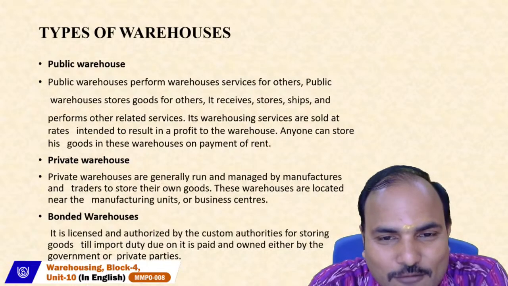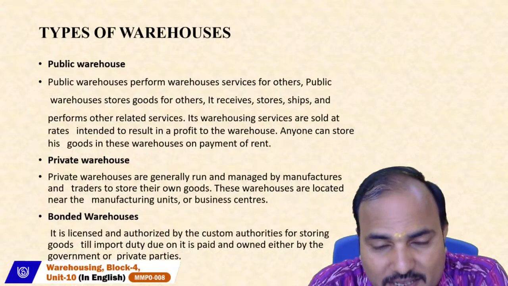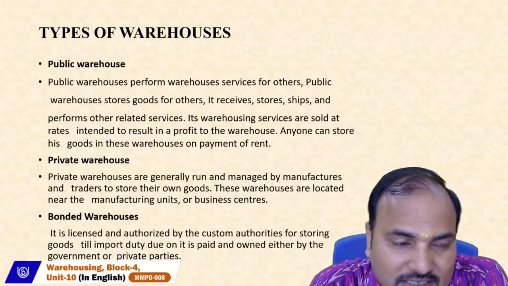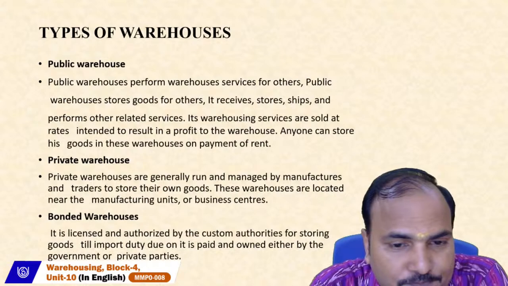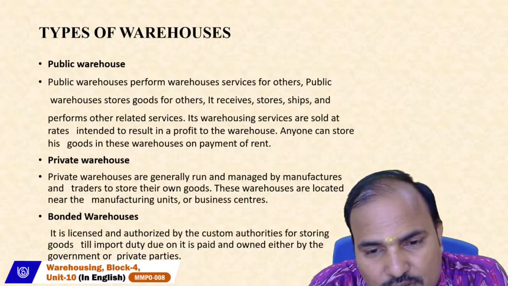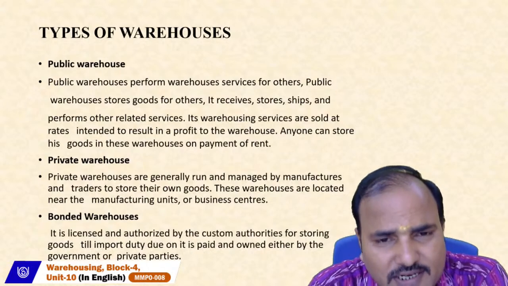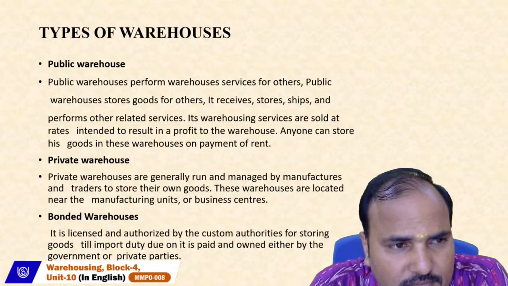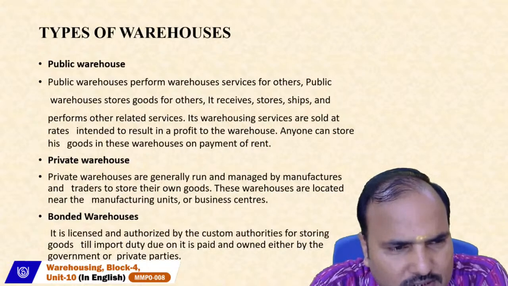Second is private warehouse. Private warehouses are generally run and managed by the manufacturer itself and traders to store their own goods. Basically, these warehouses are located near the manufacturing units or business centers. Another is bonded warehouses. What is that, bonded warehouses?